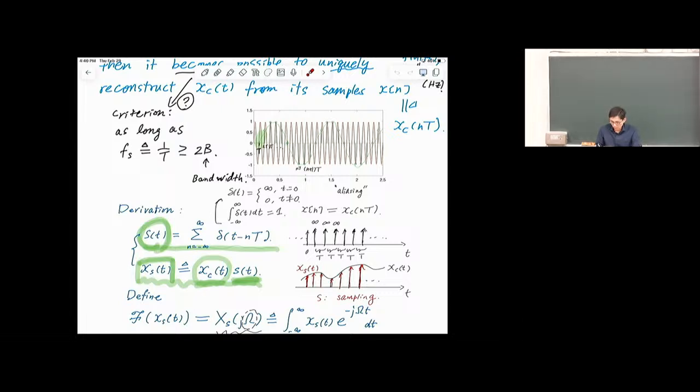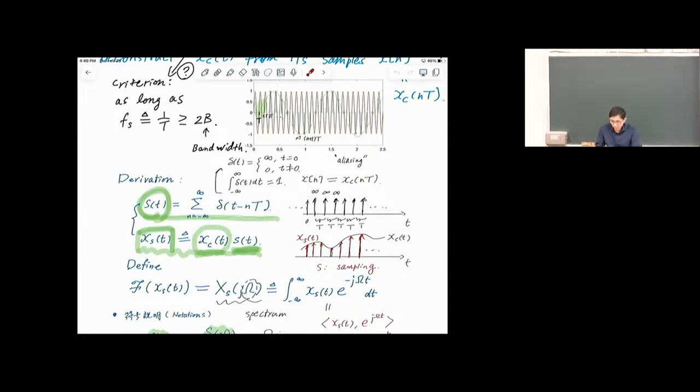Using S of t, we can consider the action of sampling as if we are multiplying our continuous time signal with S of t. Why? Because if we multiply our signal with S of t, the result is a sequence of impulses whose heights are modulated according to the value of our signal.